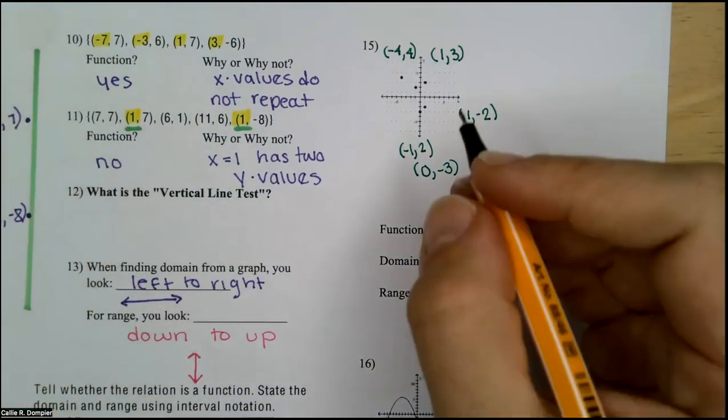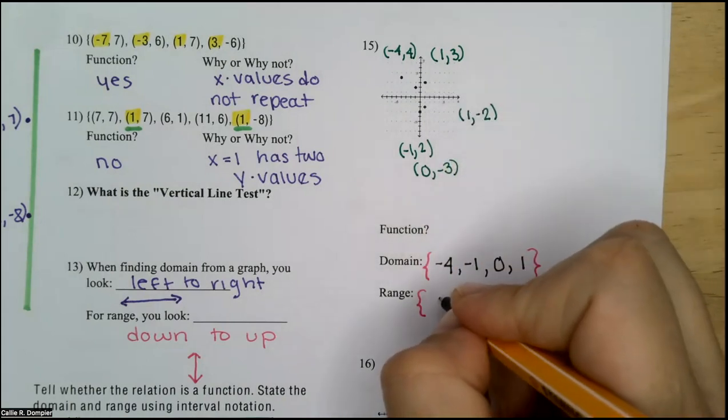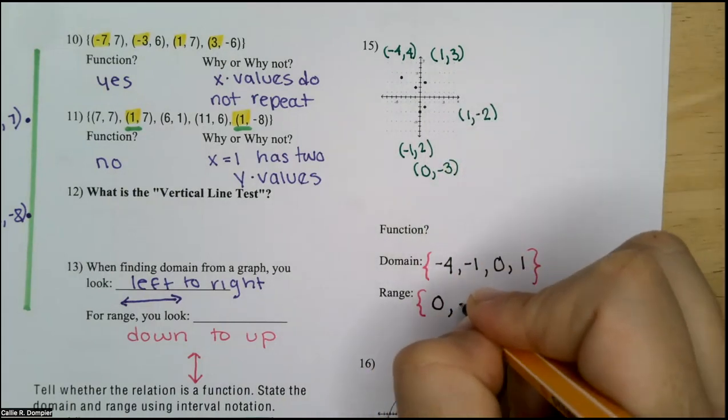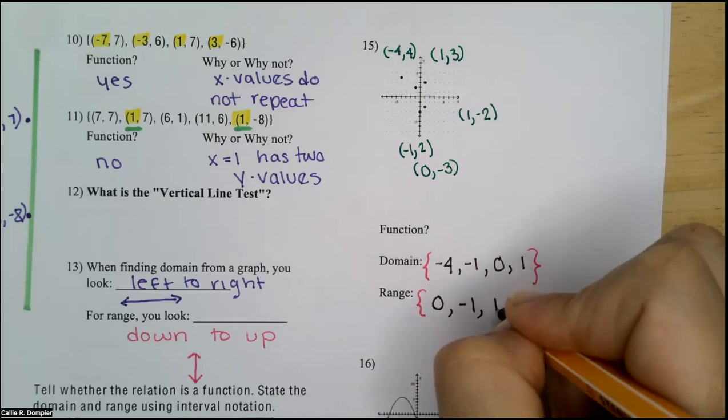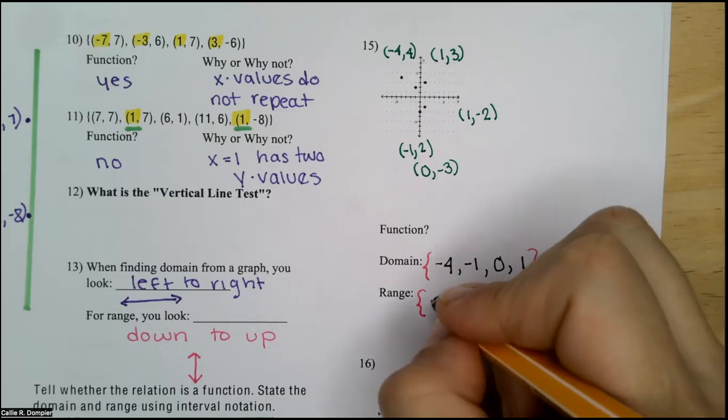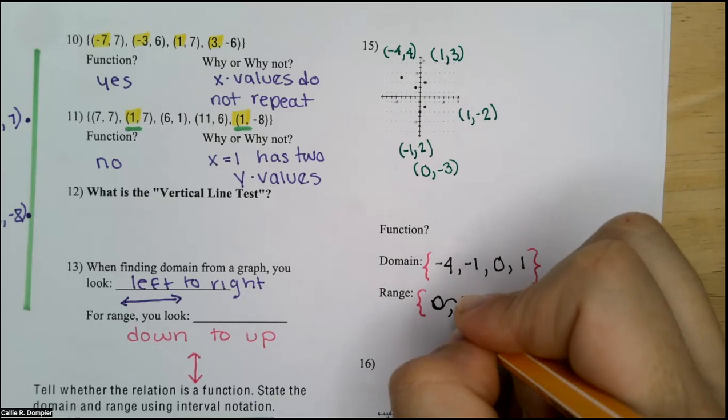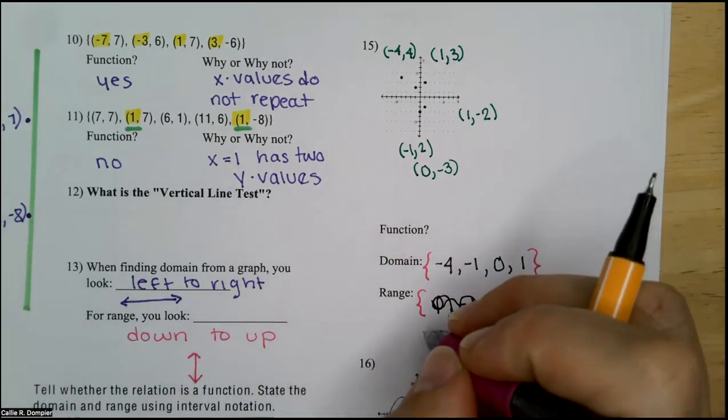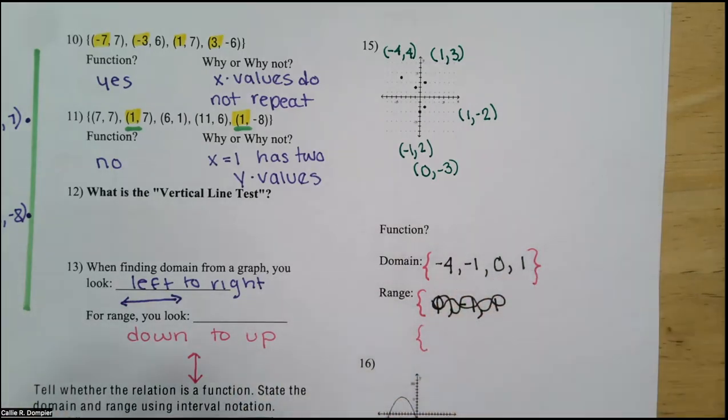Now my range is 0, -1, 1. Oh, sorry. Let's look at my y values. Start that over.